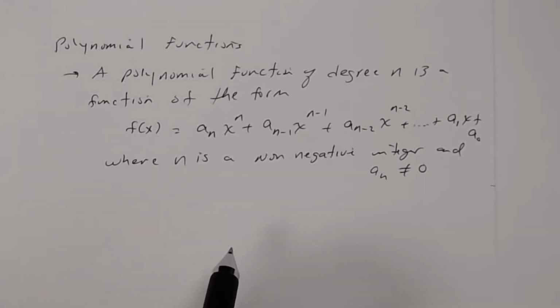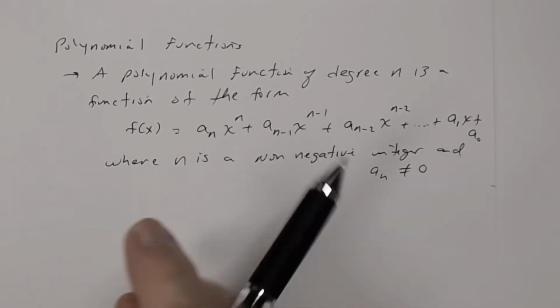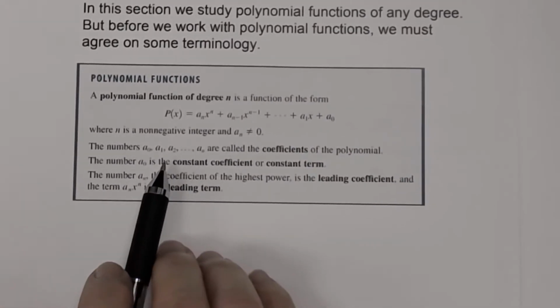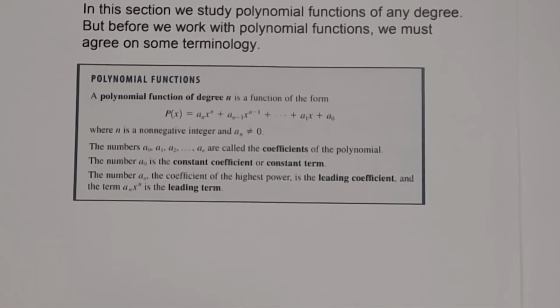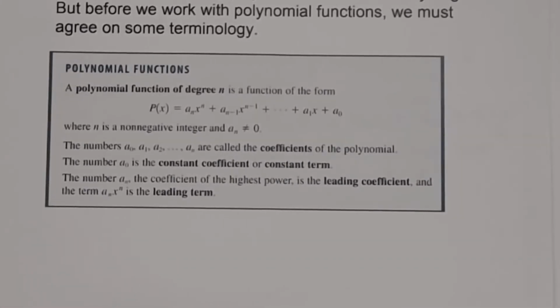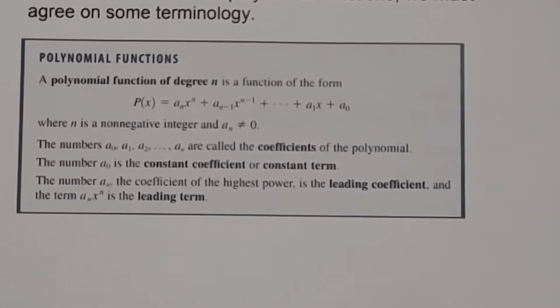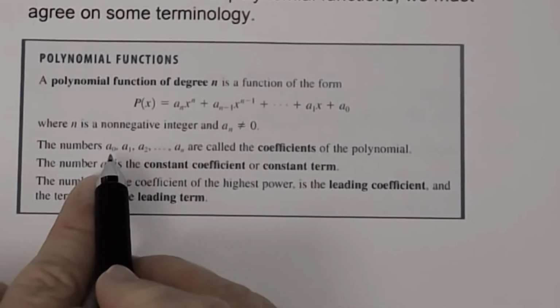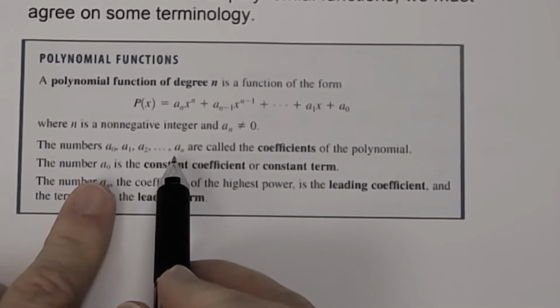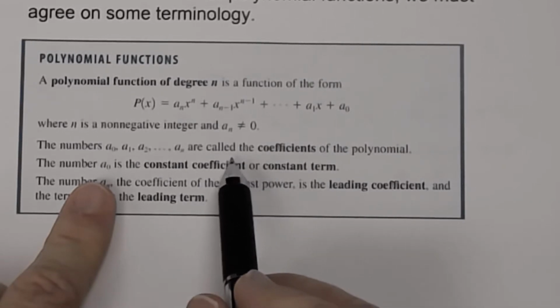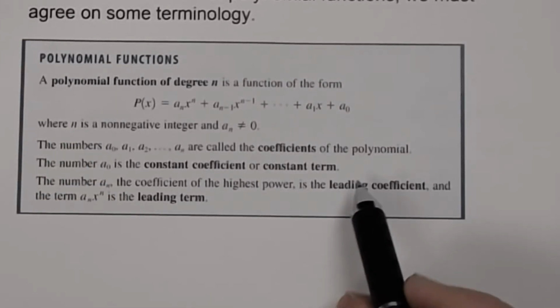All right, so a couple of things about these symbols that I need for you to understand. Let me go ahead and expand this a little bit larger. So these a sub 0, a1, a2, all the way to a sub n, those are called coefficients of the polynomial function.